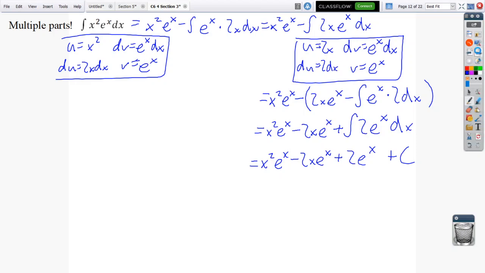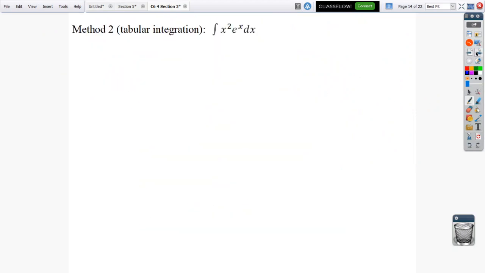So the way that's going to work here, tabular integration. What we do, this works if our u choice is a polynomial. Anything else, we don't want to use tabular integration. Since we're using our polynomial as our u, we write that polynomial down in our first column.